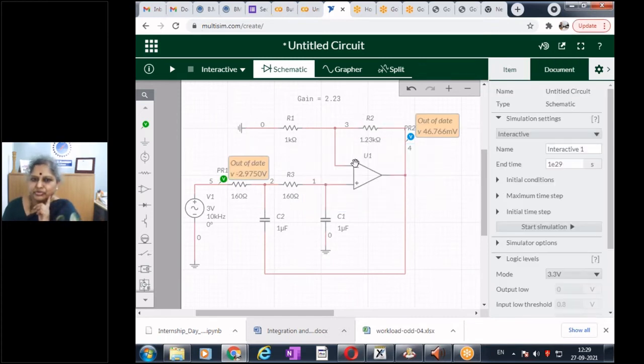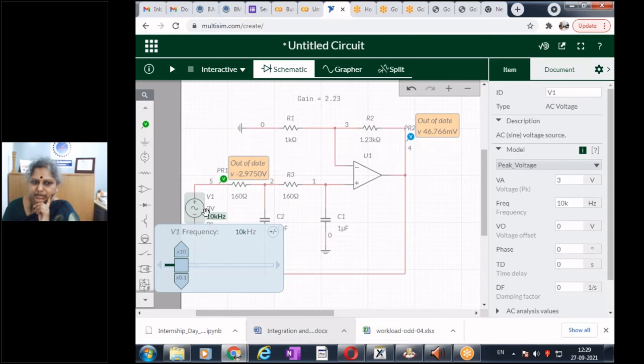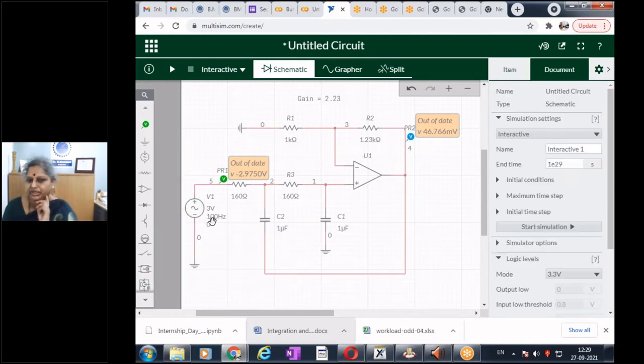So I am supposed to be getting a gain of this, and this 160 ohm resistor I will retain as such. I'll make the frequency of my input circuit say 100 hertz. My input voltage will remain here. So this is my second order filter, first stage with a gain of 2.23.